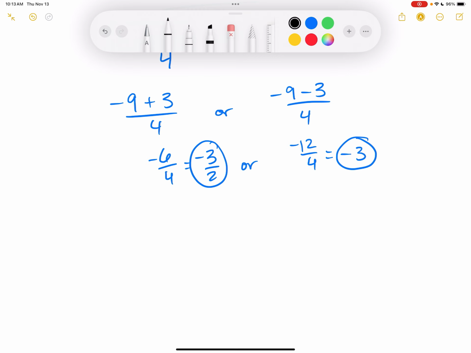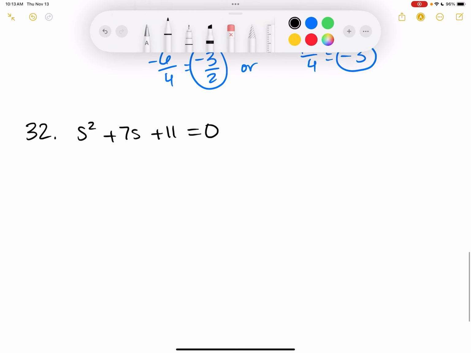So 32: s squared plus 7s plus 11 equals 0. All I'm doing is the inside, which is b squared minus 4ac. That's all I care about on this. I won't write it every time, but just for us to see it.